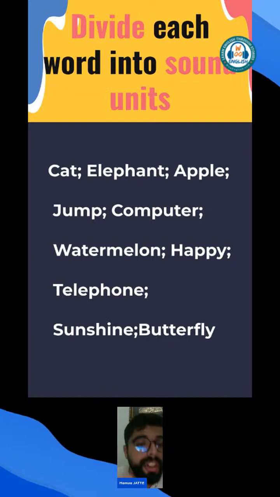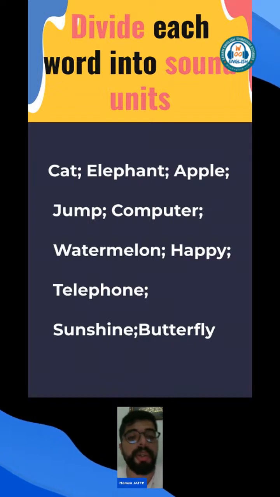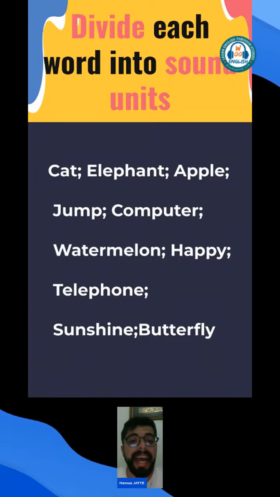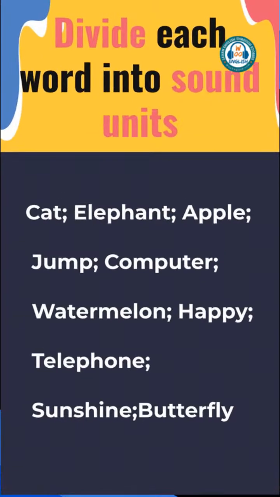If we want to divide each of these words into units, make of each word. As I said, cat is only one, and elephant is three.